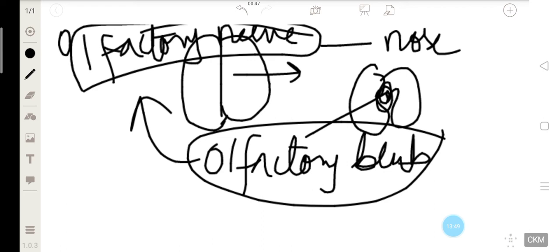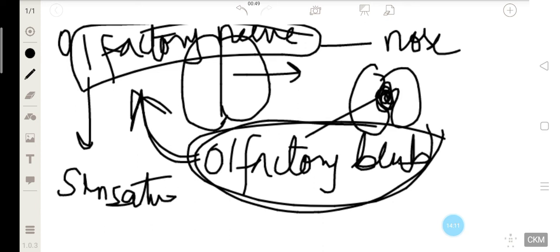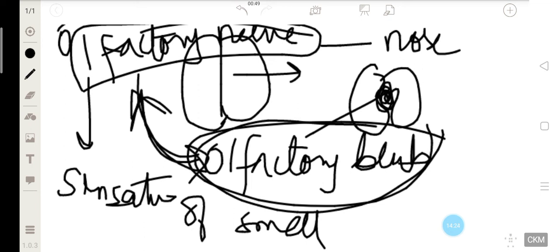So the interior side of the brain contains the olfactory bulb, which receives the impulses from the olfactory nerve, and the olfactory nerve carries the sensation of smell. The nerve which receives the message from the nose is the olfactory nerve, and it sends the message toward the olfactory bulb. Okay students, this was the most important thing.